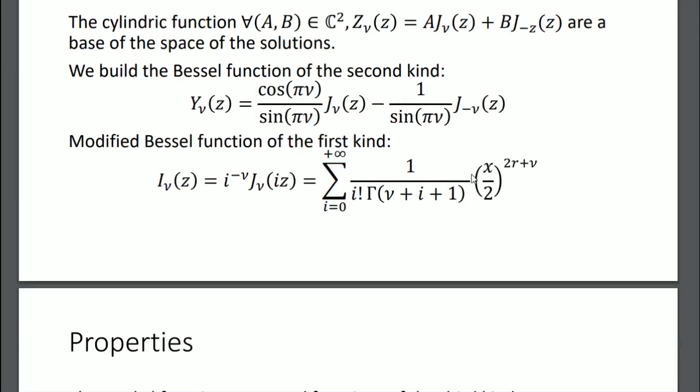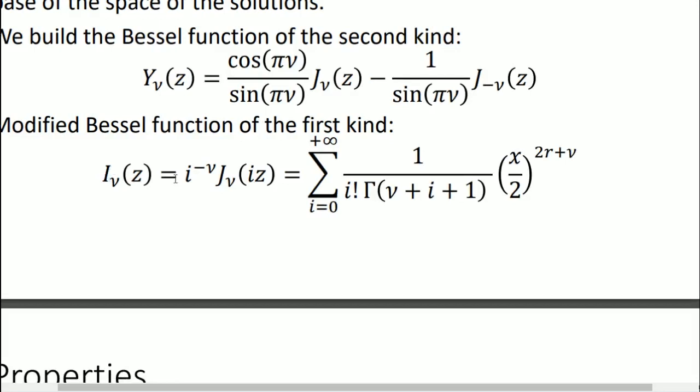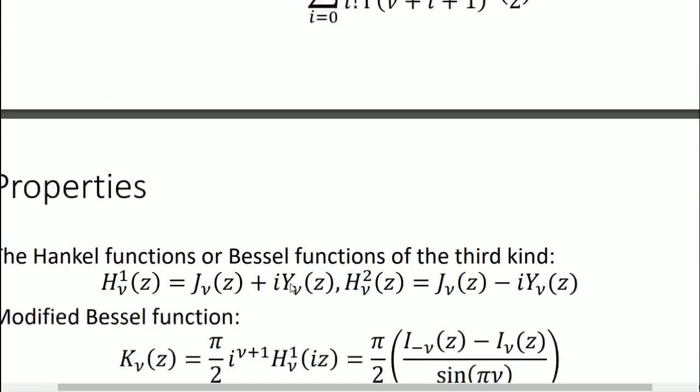You can also use the modified Bessel function of the first kind. So we call it big I, and big I is just i, the complex variable, so like i squared is equal to -1, i to the power minus nu times the function applied not in z but in iz. So you basically replace z by iz, and then in front you multiply by i to the minus nu power.